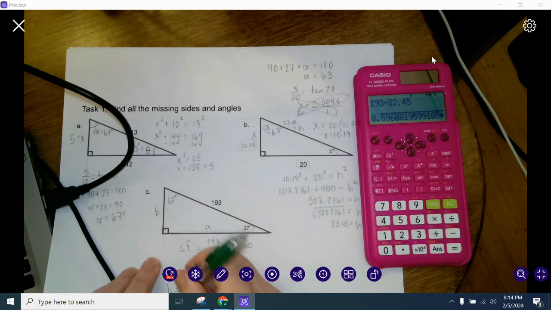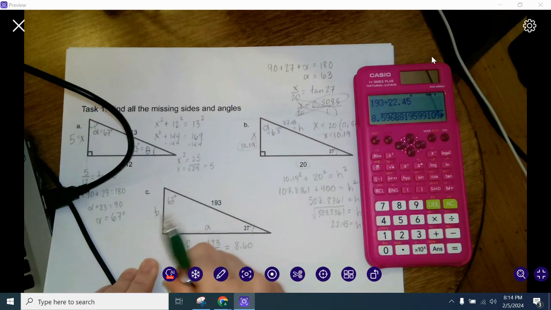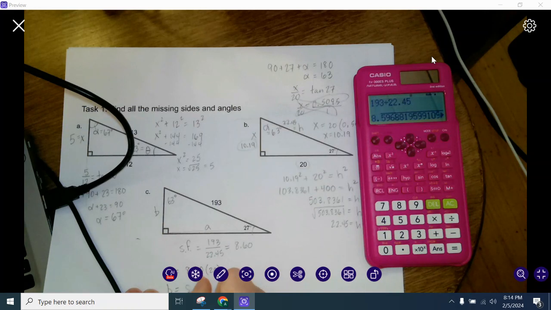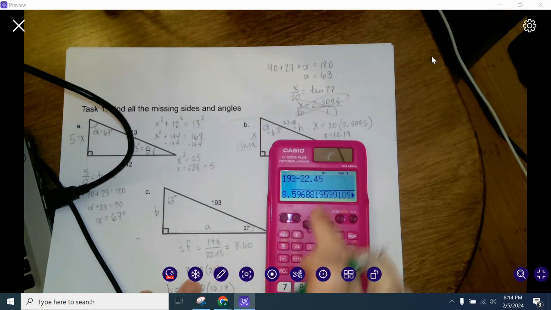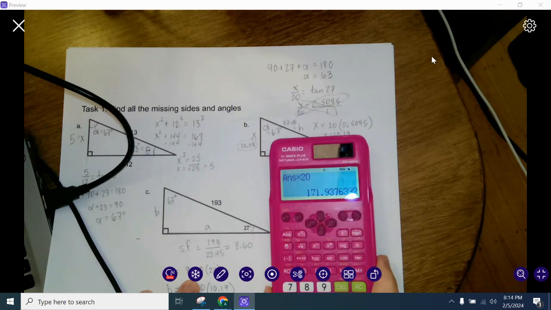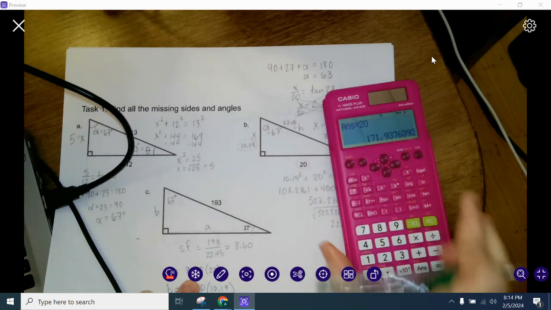Oh, sorry. Let's do it in the same order that I did before. The scale factor, 8.60, times the original side length, and I'll get my new side lengths. So I already have this in the calculator, so I'm just going to multiply it by 20. And I got 171.94.